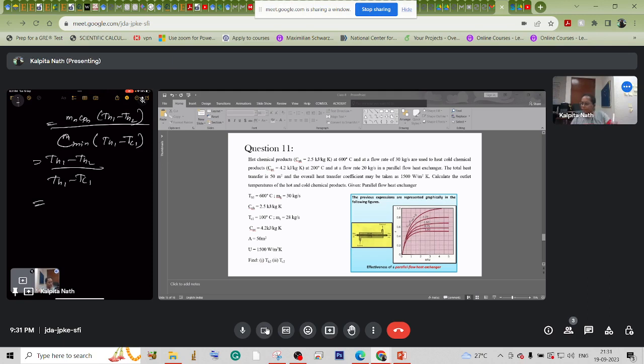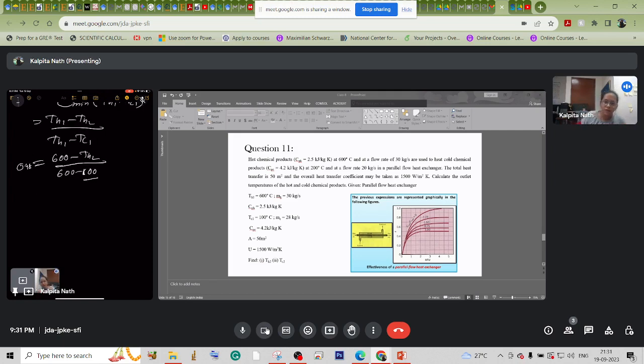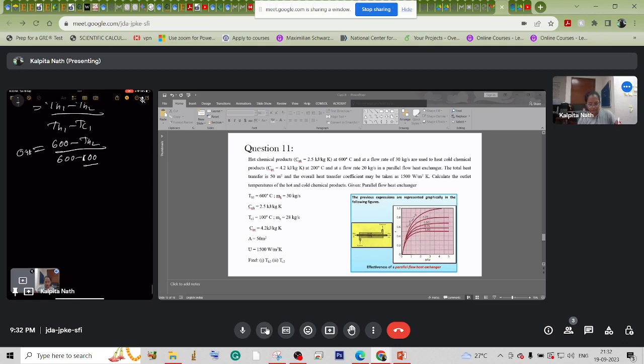This is 0.48, 600 minus TH2 we don't know, and 600 minus 100. Because for finding out the outlet temperature, we need to do this, like TH2 we need to find out. TC2 we don't know, TC2 also we'll find out. Just wait. So from there we found out that TH2 is 360 degrees Celsius.